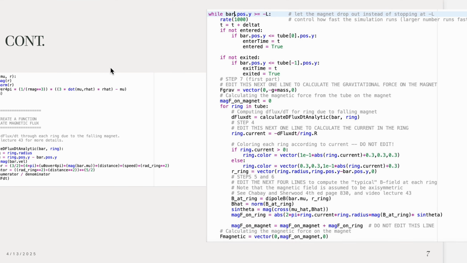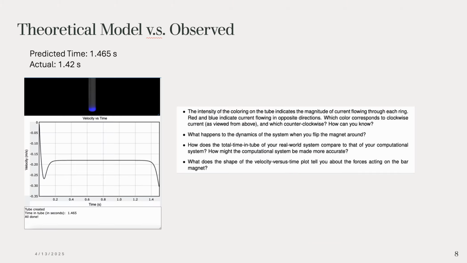And then it got cut off a little bit, but we're defining our B field for the dipole as well as the flux of the dipole. And then that behemoth on the right is essentially iterating through each loop in the tube and calculating both the force and flux acting on the bar magnet.